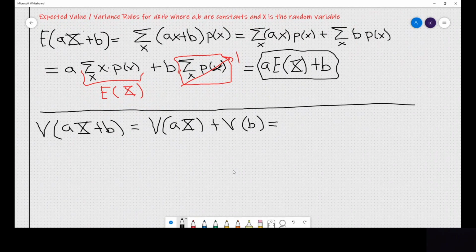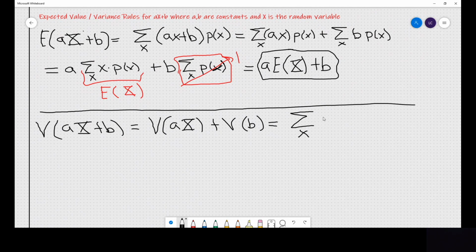So it just becomes the sum over x of a times x minus mu. Tell you what, we're going to do it a little different way.